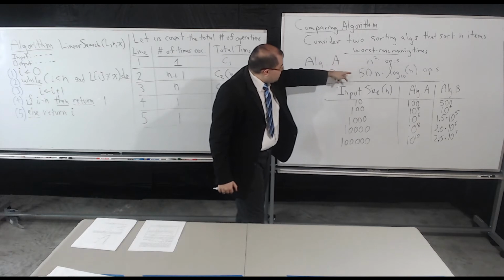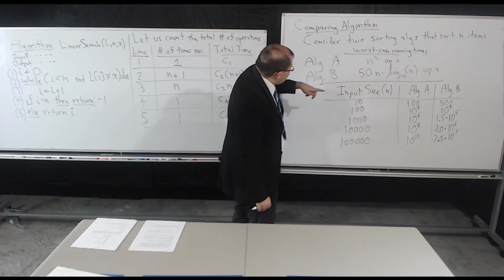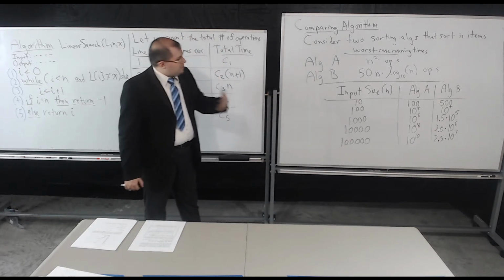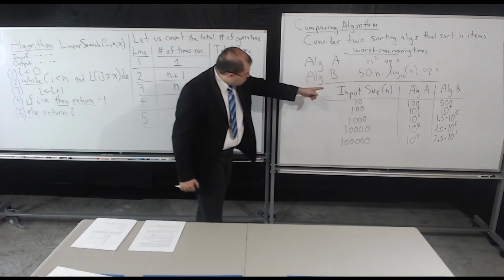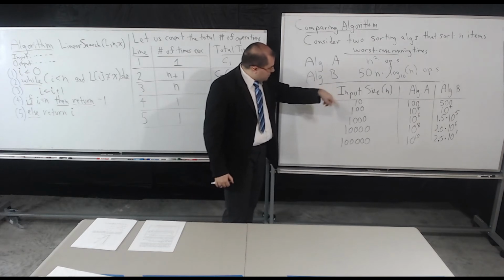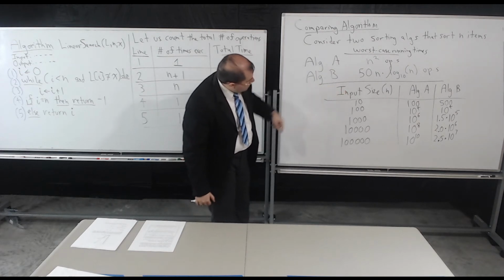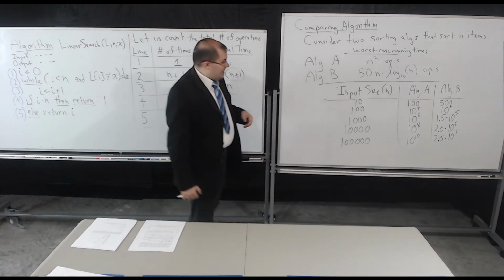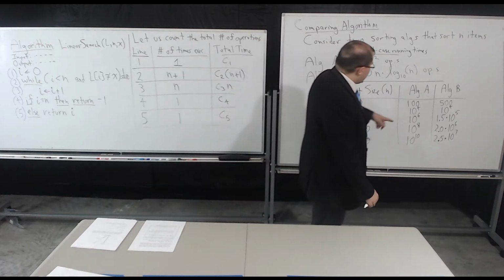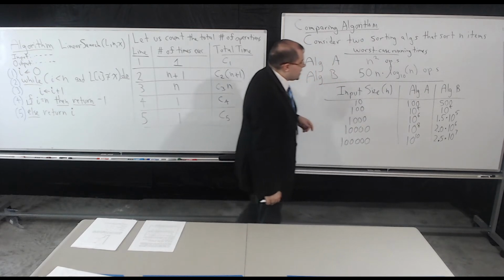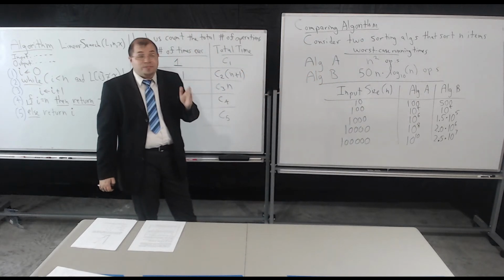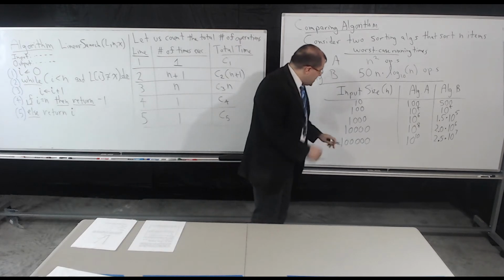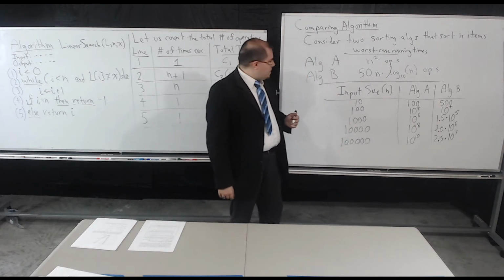Then I have 50 times n times log base 10 of n here. I clock algorithm A. You'll notice it goes up roughly by powers of 10, which matches up with this. But notice it goes up by even powers. So I have 100, 10 to the 4, 10 to the 6, 10 to the 8, 10 to the 10. That's kind of big. Algorithm B, however, starts at 500, 10 to the 4, 1.5 times 10 to the 5, 2.0 times 10 to the 6. And then lastly, for 100,000, it's 2.5 times 10 to the 7.